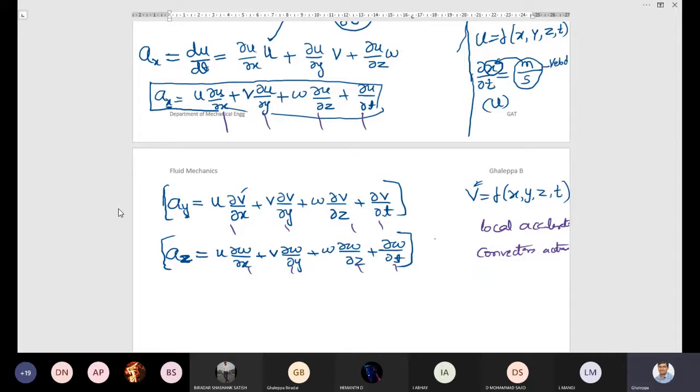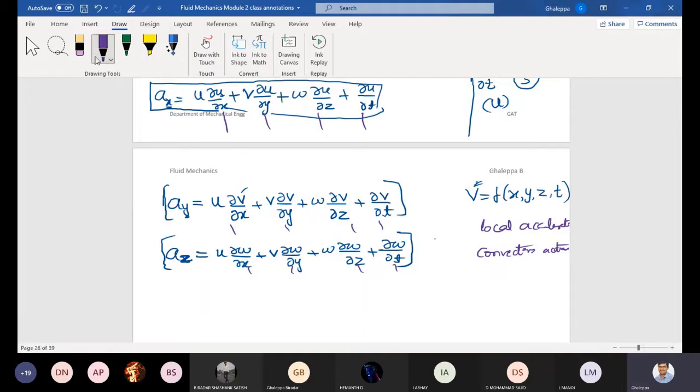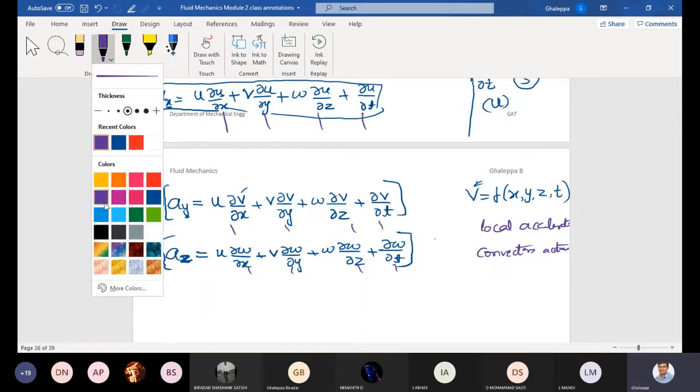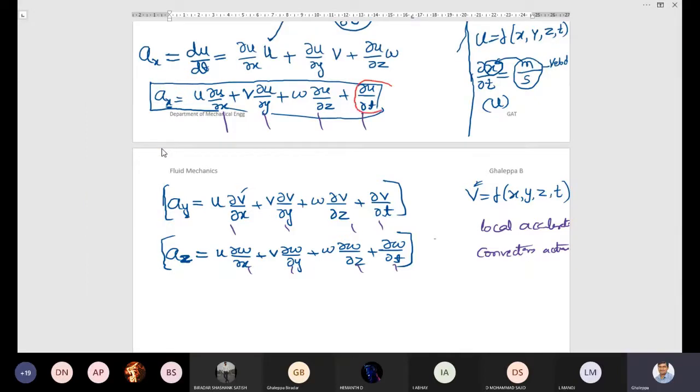Dear students, any velocity term which is changing with respect to time, you take it as local acceleration. For example, this is a local acceleration term. ∂v/∂t is also local acceleration. ∂w/∂t is also local acceleration. What is local acceleration?